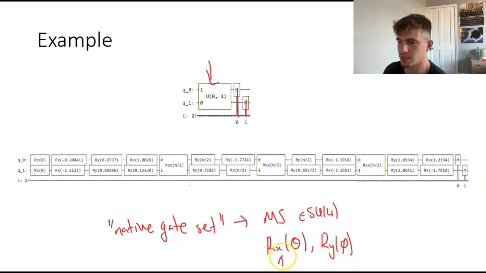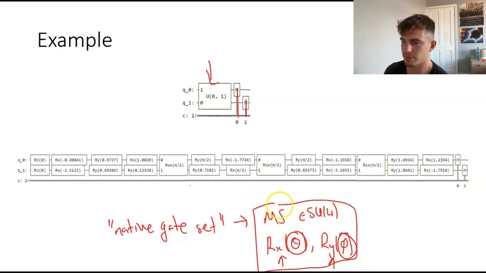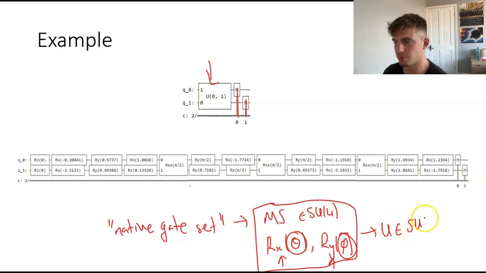So we're fixed in the axis that we can rotate in, either x or y, but we have full access to the angle that we rotate by. It turns out that this set satisfies the criteria that I had 3 slides ago, which basically means that with these 3 operators or gates, I can implement any unitary in SU(4).